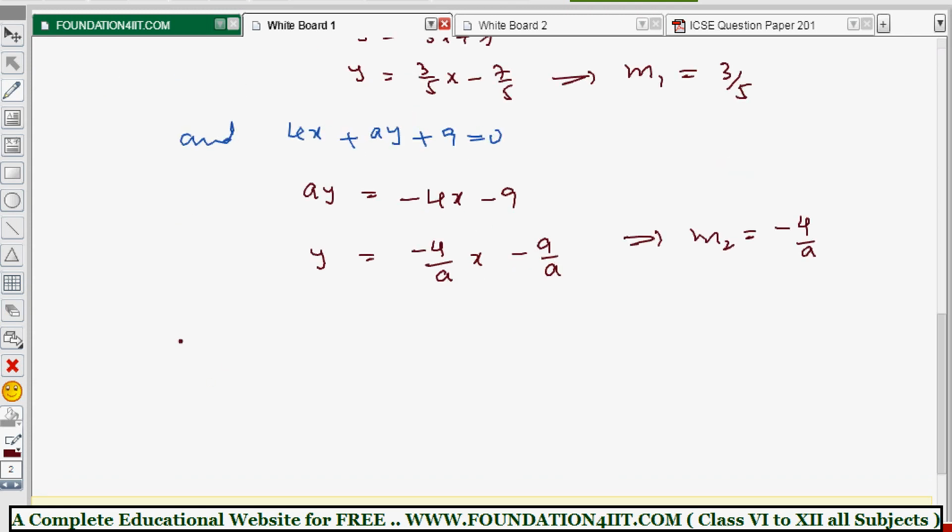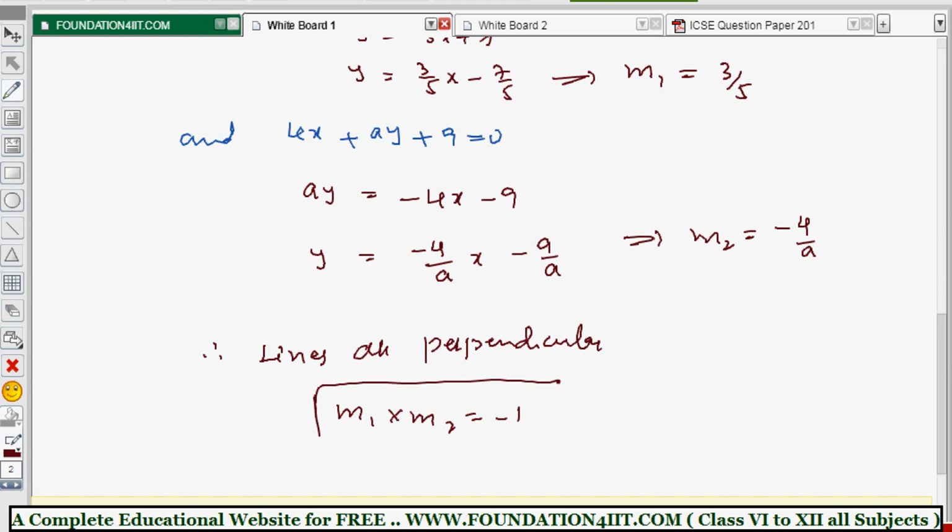And because the lines are perpendicular, according to the formula, m1 into m2 is equal to minus 1. This is the rule when the lines are perpendicular.